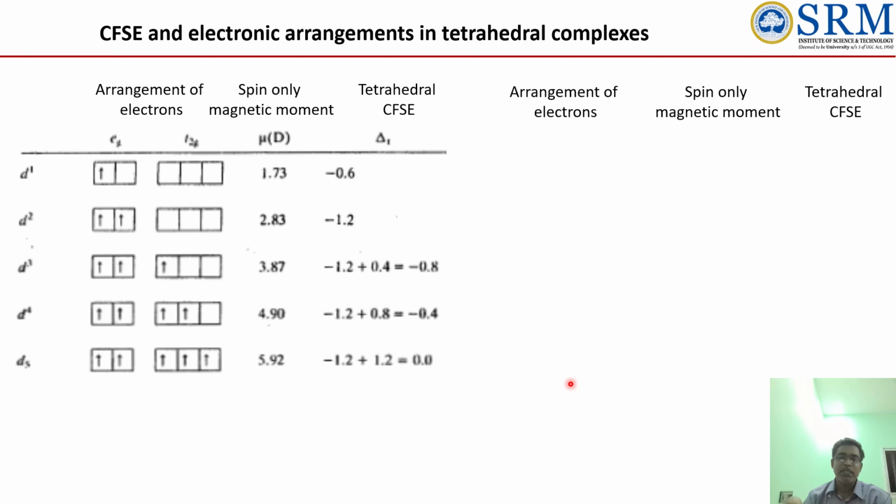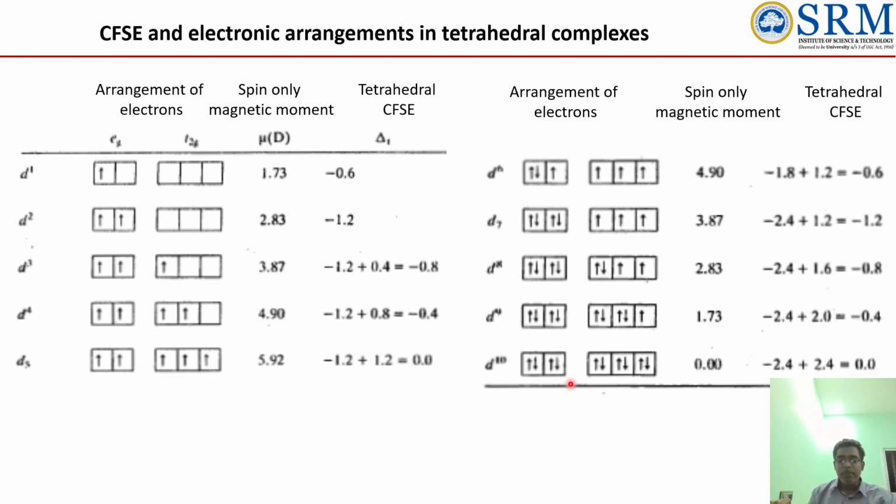CFSE stabilization energy. Similarly, since we know how to arrange the number of electrons in the weak field ligand, and how to arrange the number of paired or unpaired electrons in the strong field ligand, based on the unpaired electrons we can get the spin only magnetic moment, which comes only from the unpaired electrons. When there is spin pairing, it already cancels the spins, so you will not have a net spin.